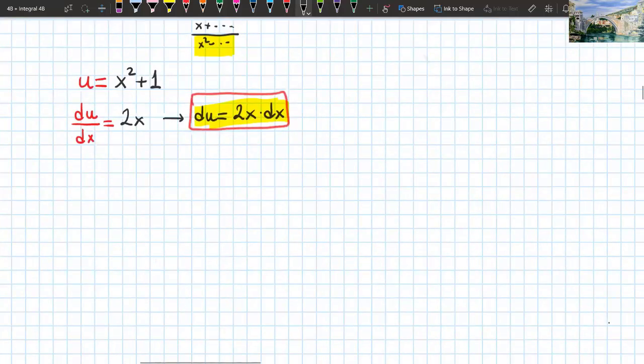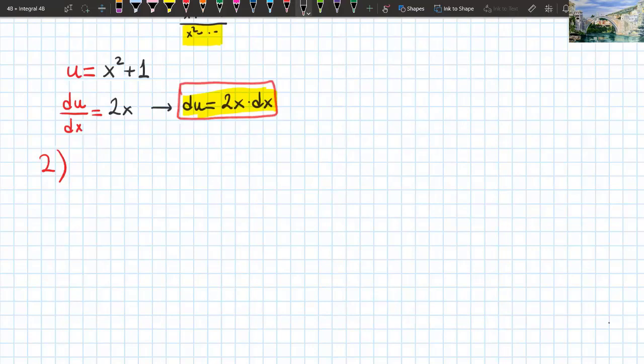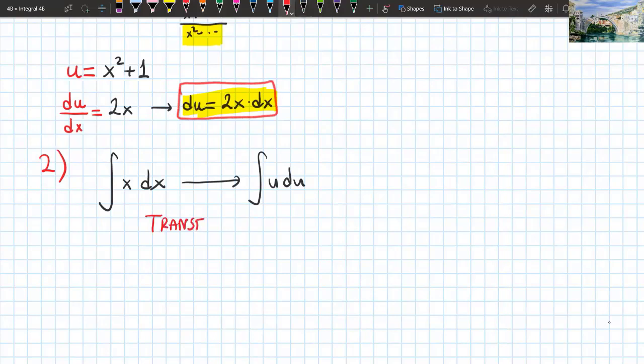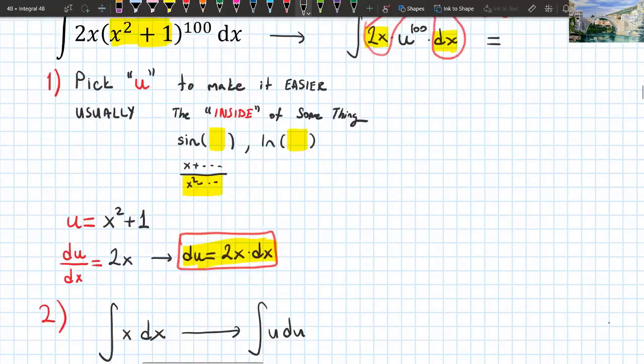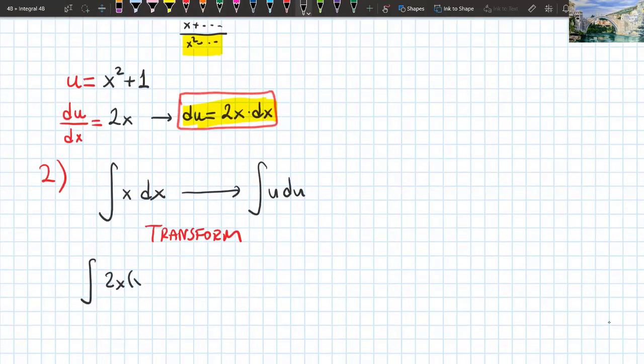Now our function becomes, in fact, it was the second step. Let me write step 2 here. We need to transform this integral into this form. The original function was 2x times (x squared plus 1) to power 100 dx.